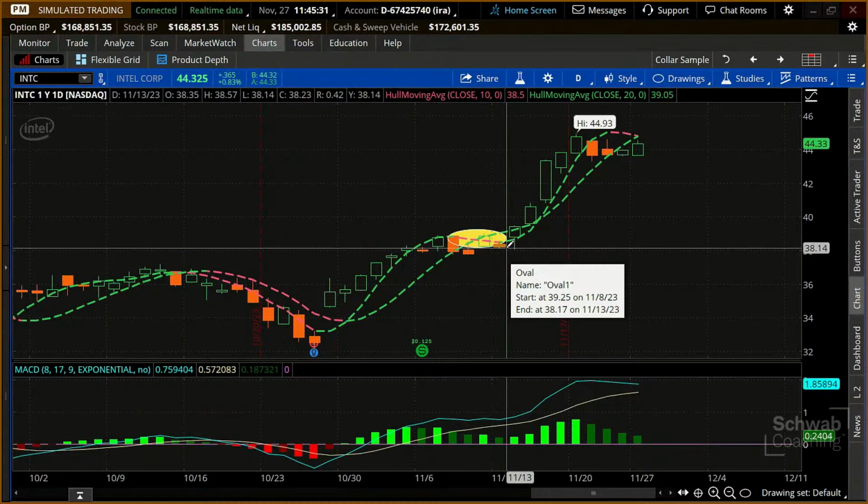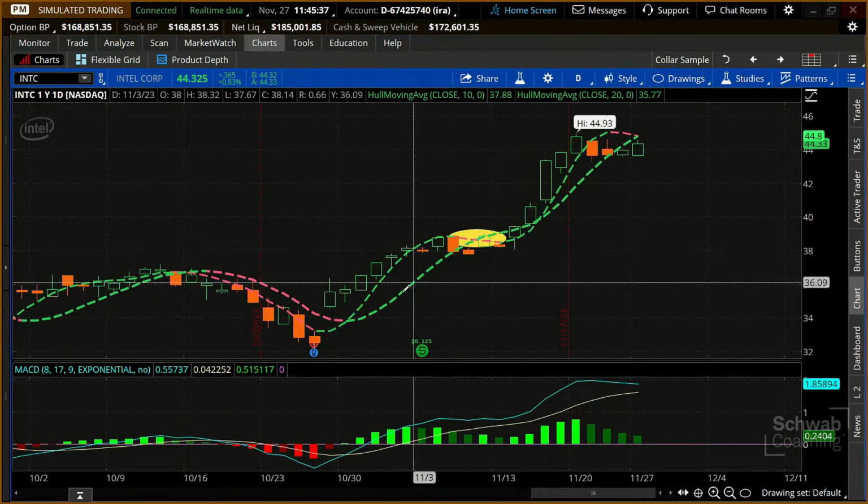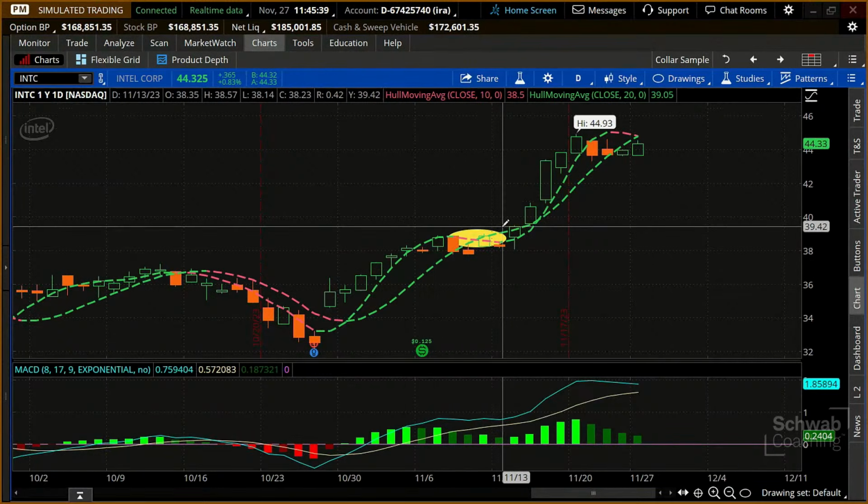If that short-term moving average is just red for 1 day, 2 day, 3 day, 4 day, but that 20-period moving average is still green, that would be a pretty high candidate for a potential flag setup.